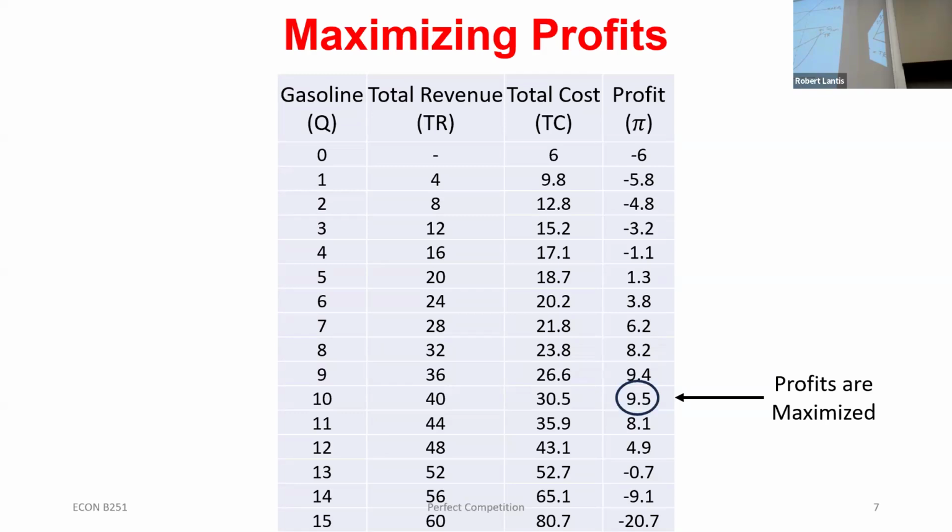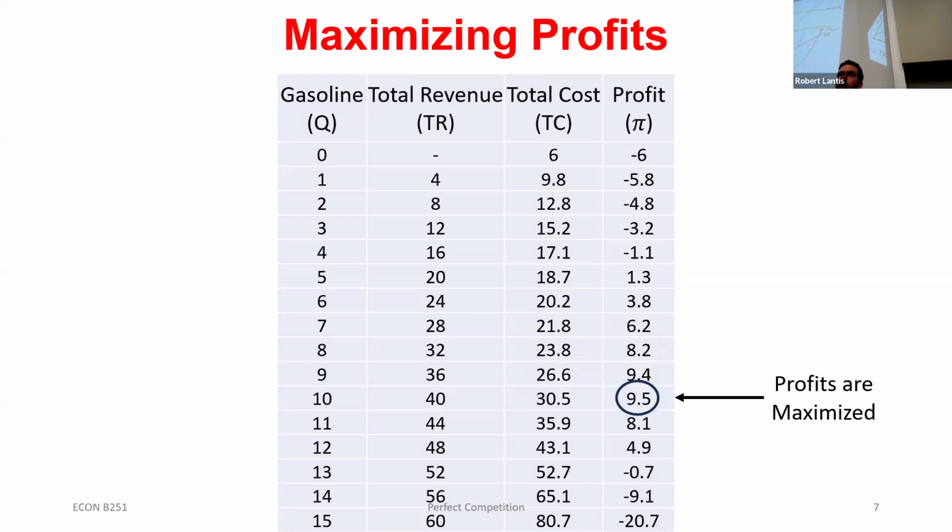Now my marginal costs are always changing, which is why the slope of my total cost curve is changing as I produce more. The fact that we have increasing marginal costs keeps that slope always changing. But we have constant marginal revenues, so the slope of my total revenue curve is always the same. Okay.